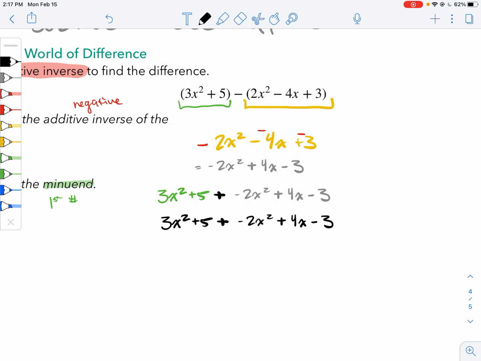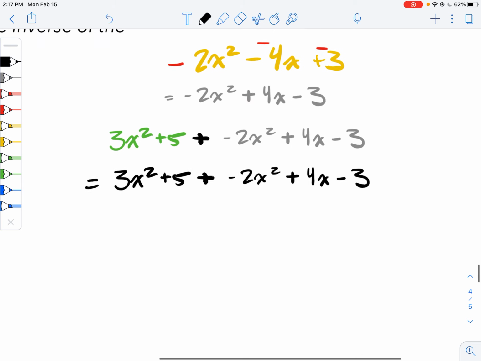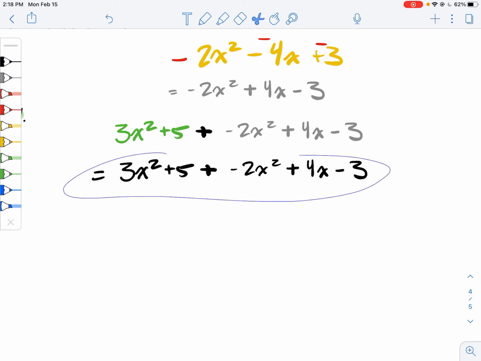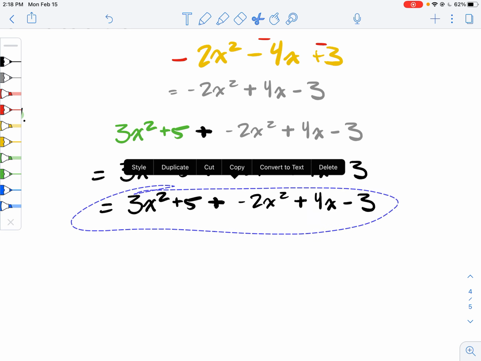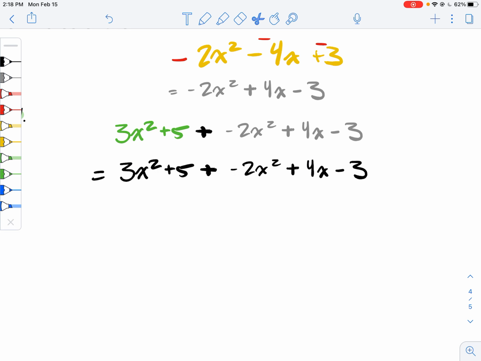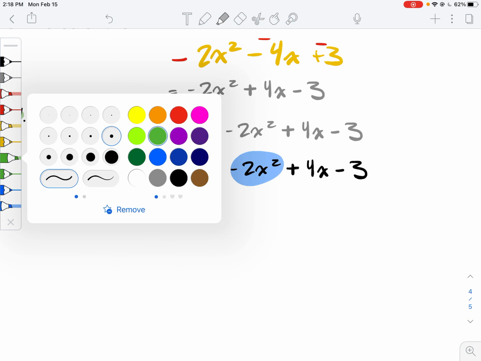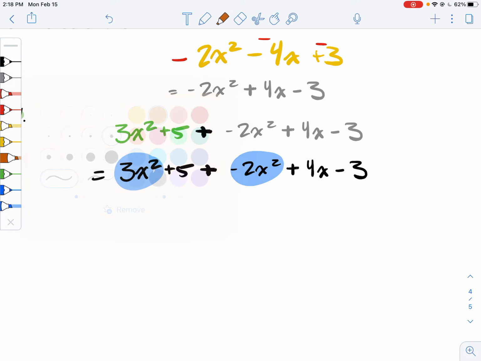So as I look at my columns, I want to combine my like terms. So I want to take everything that's similar. I'm going to take my x squareds and make sure that they line up. I need some more colors here. I'm going to take my x's and make sure that they line up.